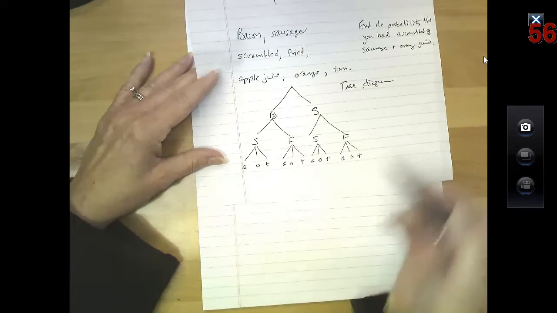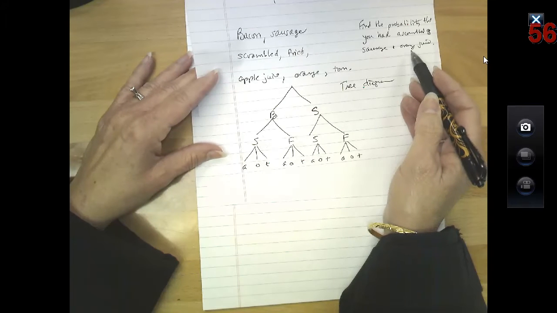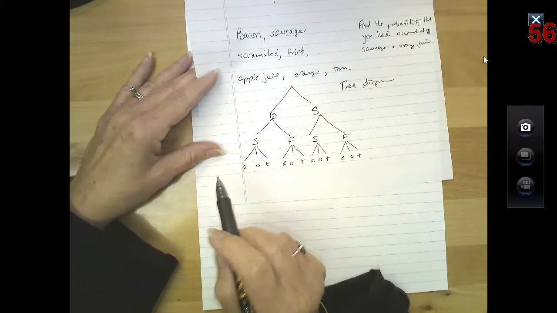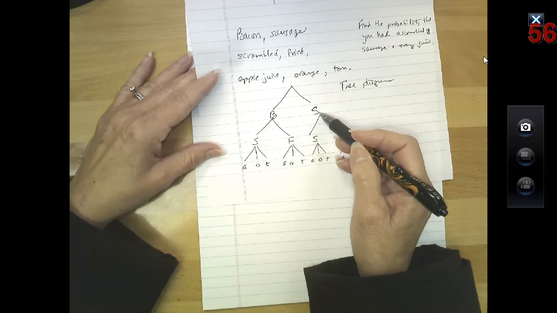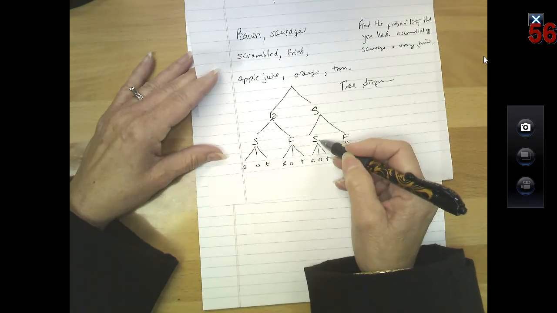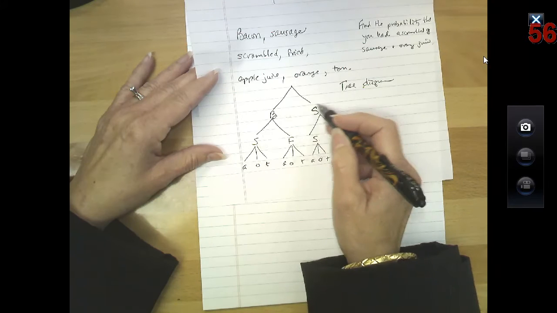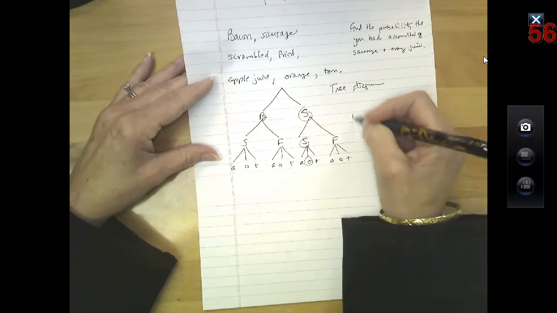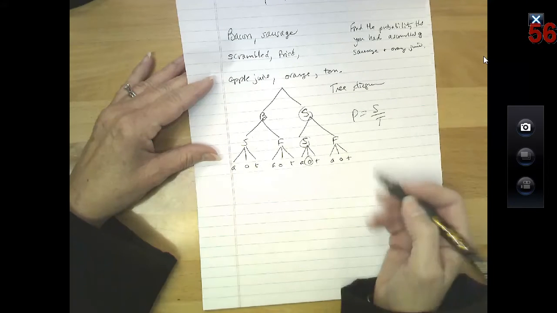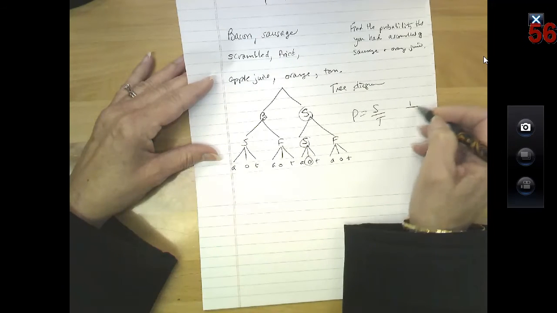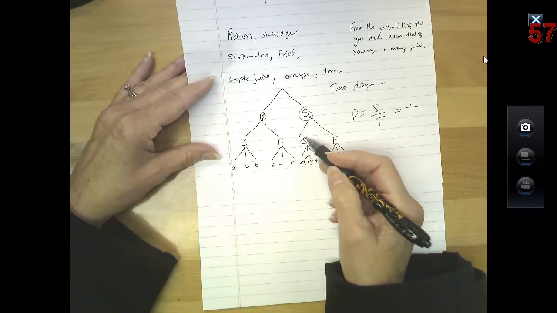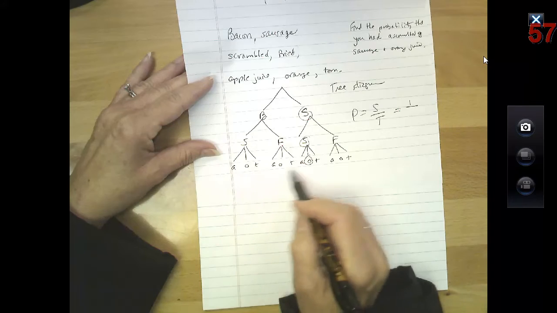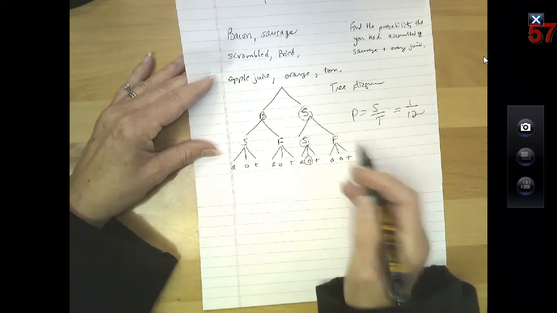Now, the probability that you had a scrambled egg, sausage, and orange juice is like this one, and this one. If the probability is success over the total, you've got one way that you could have sausage, scrambled, and orange juice, out of the total, 3, 6, 9, 12 different ways.